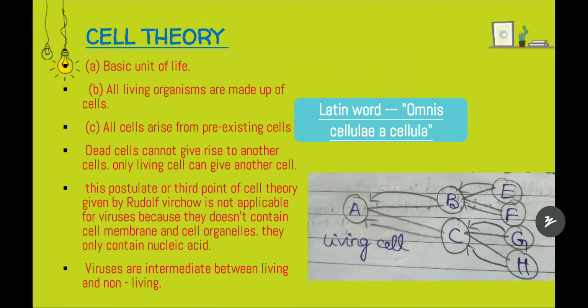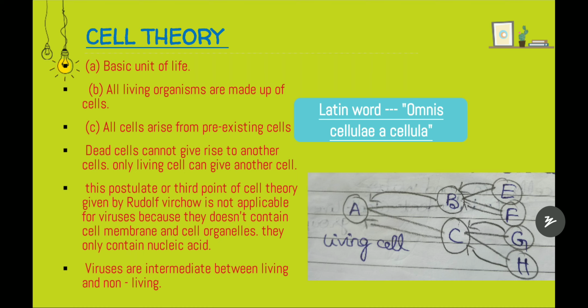The last point was added by Rudolf Virchow. In the year 1855, he gave that all cells arise from pre-existing cells. Normally we have dead cells, and these dead cells won't give rise to other cells. Only living cells can give rise to another cell.